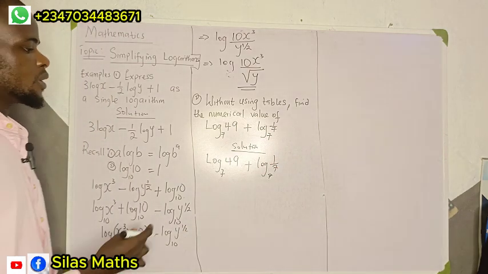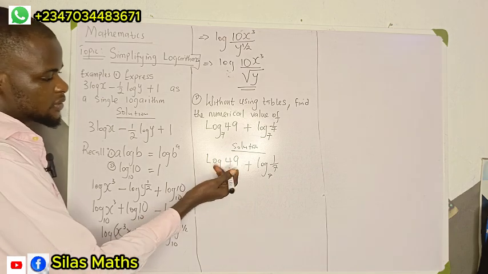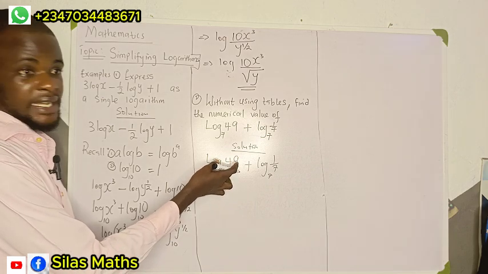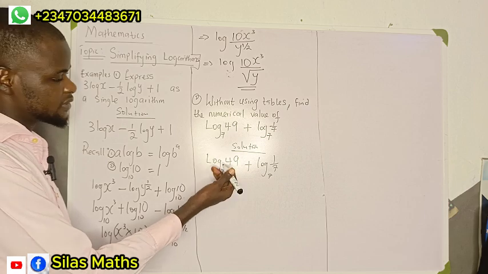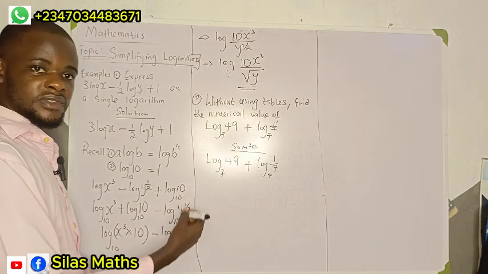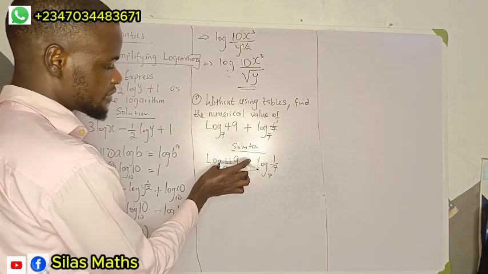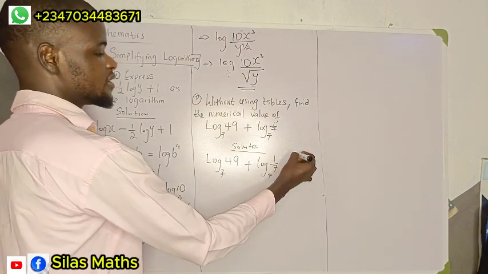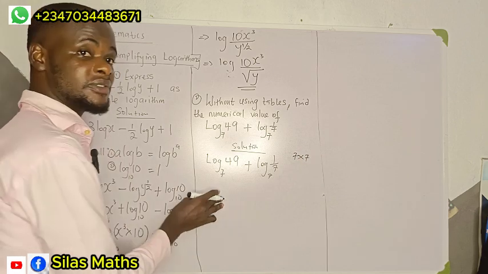Now you can take a look at this. 49 can be expressed as a multiple of 7, or we can express 49 in index form. That's 7 raised to power 2. When you prime factorize this, that's a very easy one to get. 7 times 7 is 49.